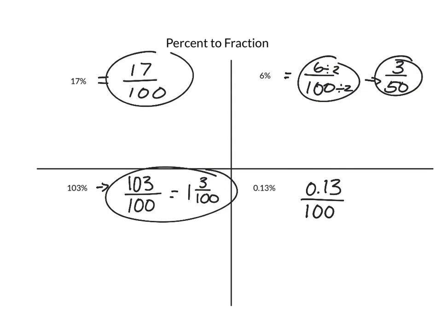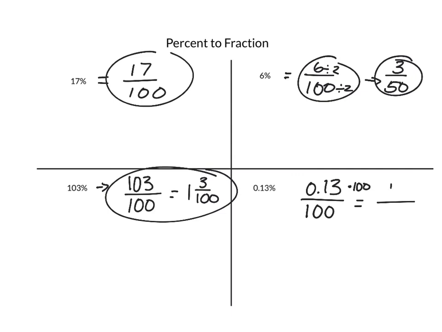Okay? It's not very clear. So what we're going to do is we're going to somehow write an equivalent fraction where we have whole numbers in both the numerator and the denominator. So to get the numerator to be a whole number, we can multiply it by a power of 10 to move that decimal over. We need to move it twice, so we're going to multiply it by 100.